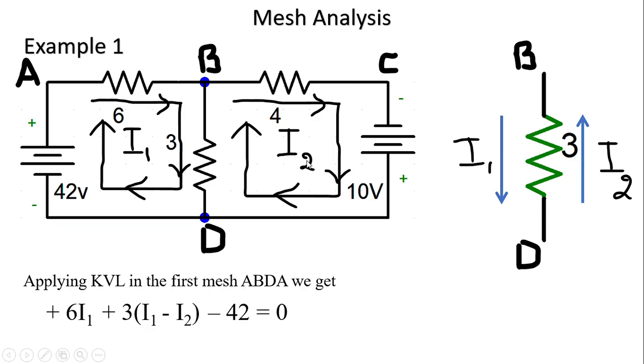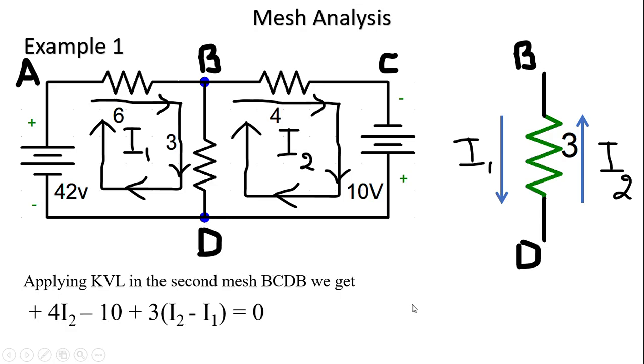If they are in the same direction, consider plus. As I2 is opposite to I1, we have considered I2 as minus. So 6I1 plus 3(I1 minus I2).